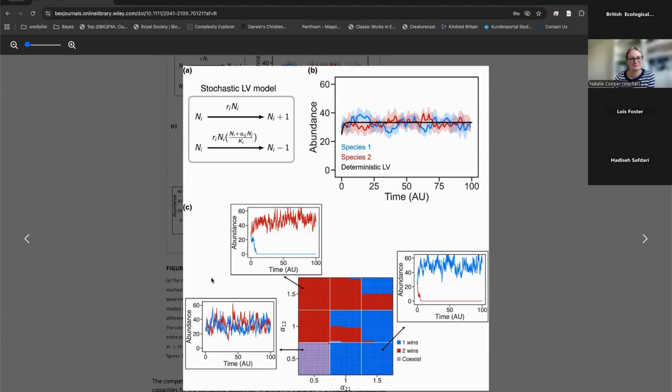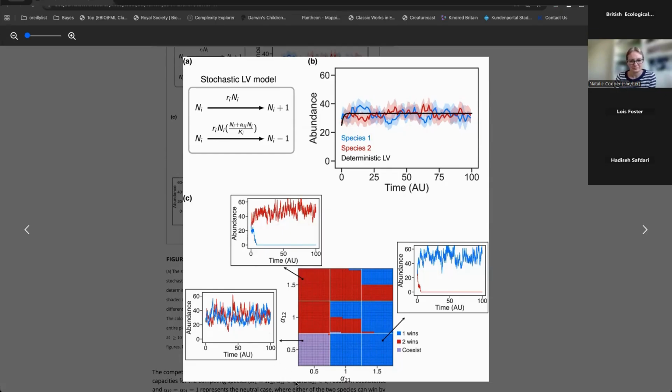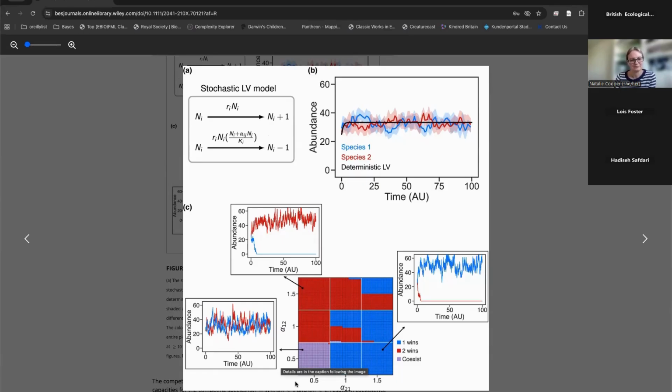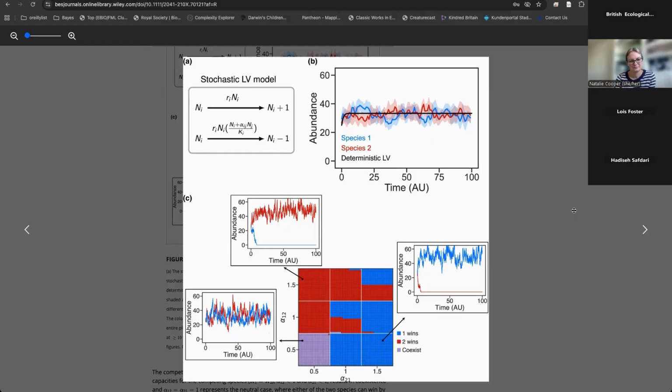Then on part C, there is this 3 by 3 square where each of the tiniest squares represents a number of simulations. Each pixel is the result of a simulation, where the color indicates the end point: blue means species one wins, red means species two wins, and purple is coexistence.